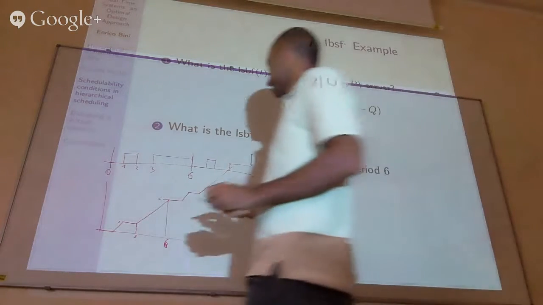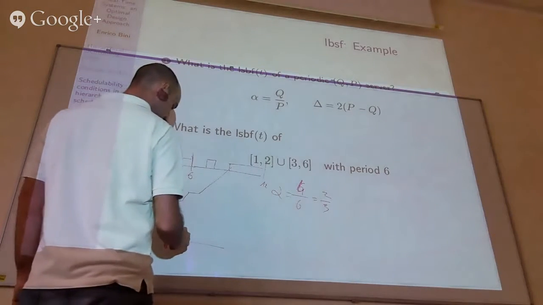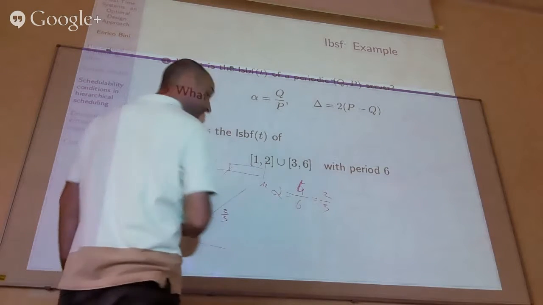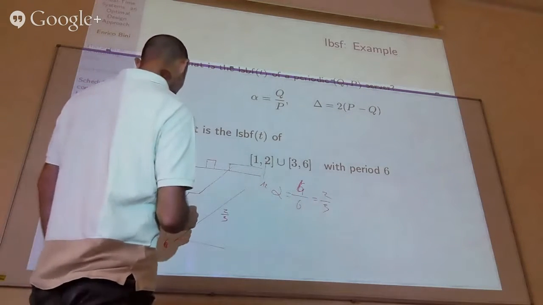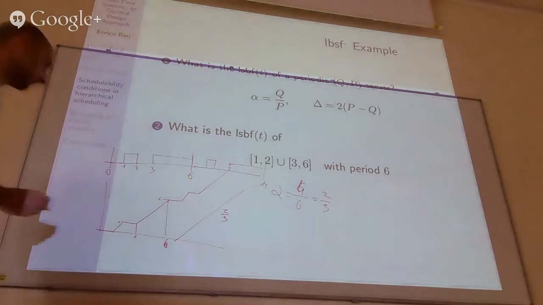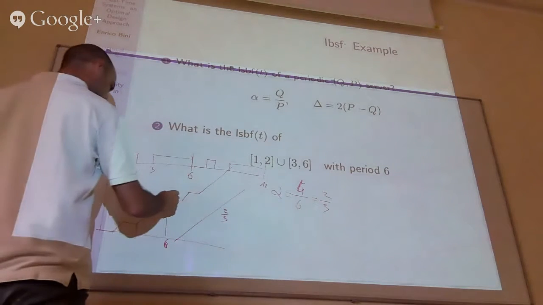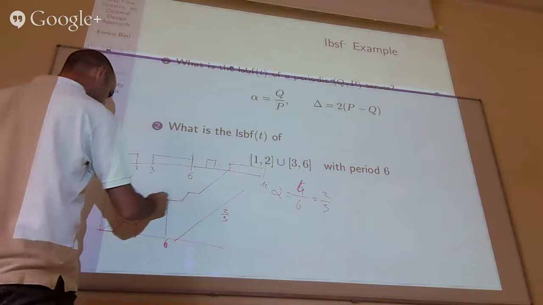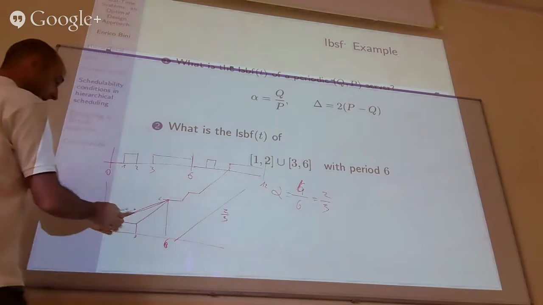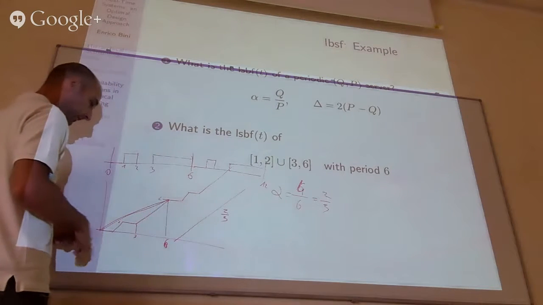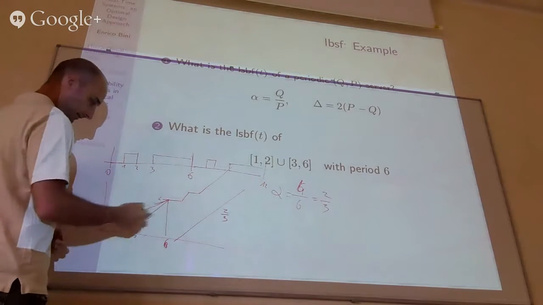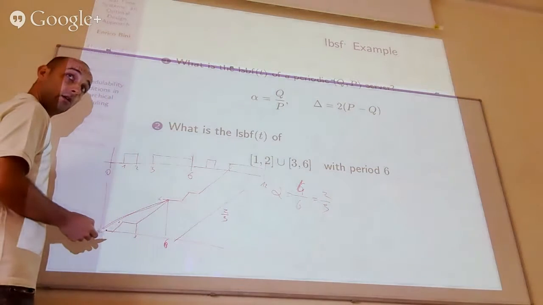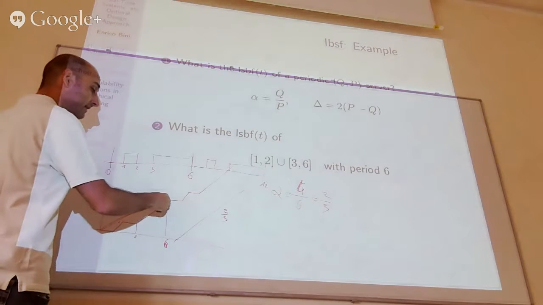You have to think of a line with a slope 2 over 3. So 2 over 3 is like this one, right? Because here you have 4 and 6. However, this is above. So this line, you have to bring it below. No, this is a slope of 2.